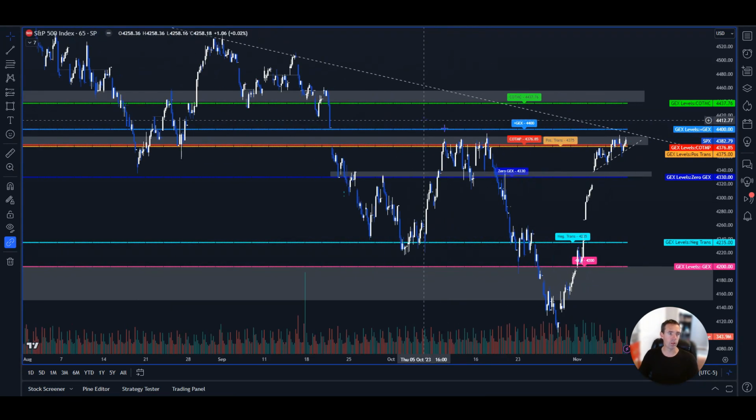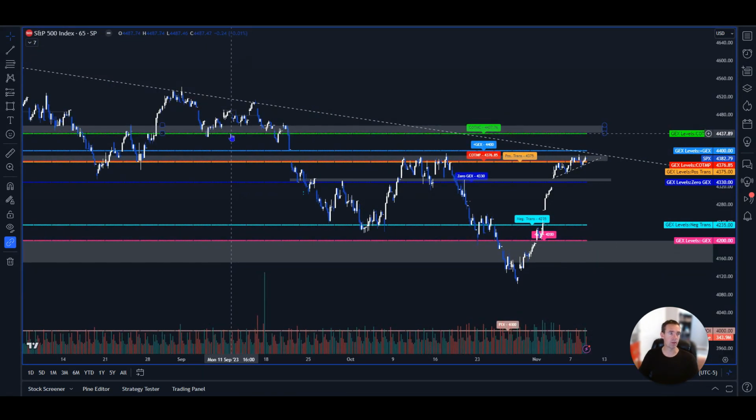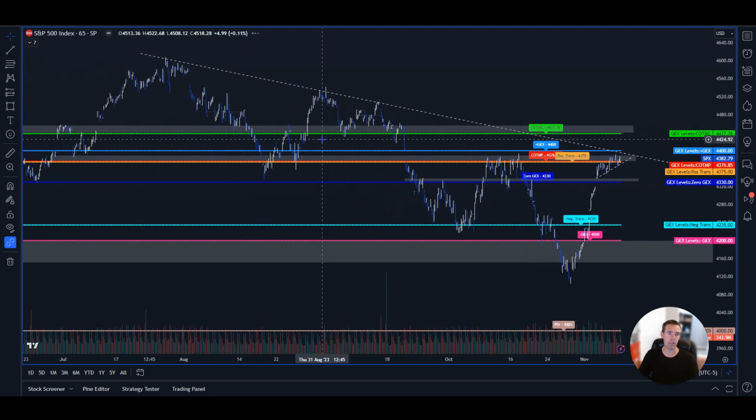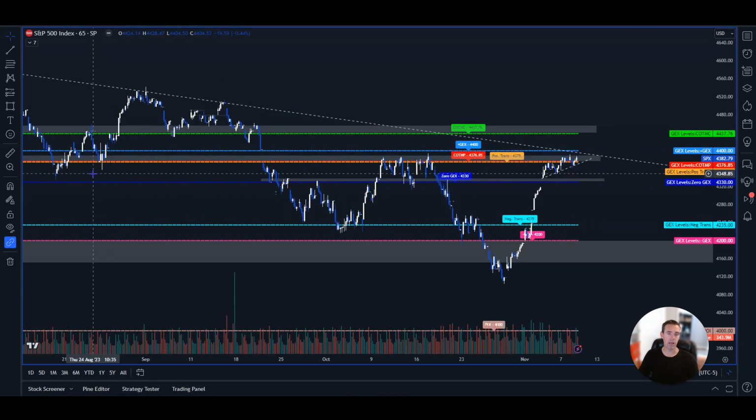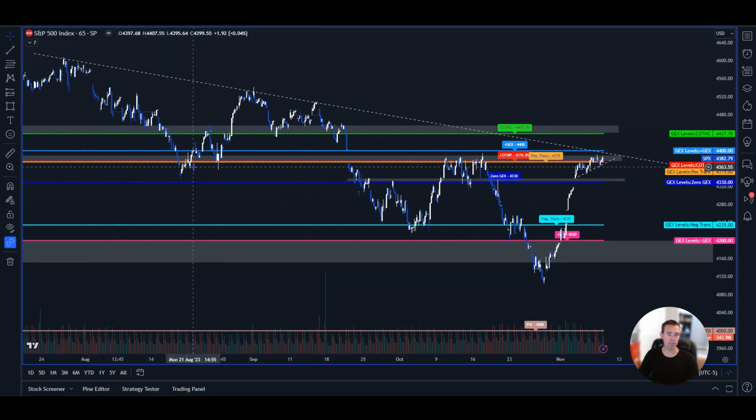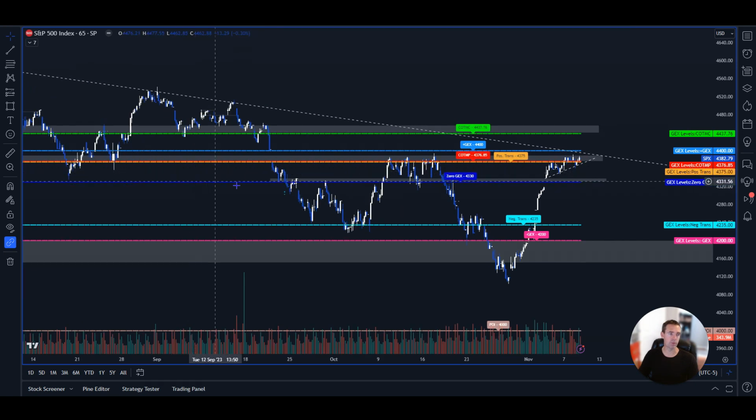If we look at the overall landscape, we see these 4337, 4340 levels up above. That's been previous supply going all the way back to July of 2023, as well as a supply and demand level that goes back to August of 2023.